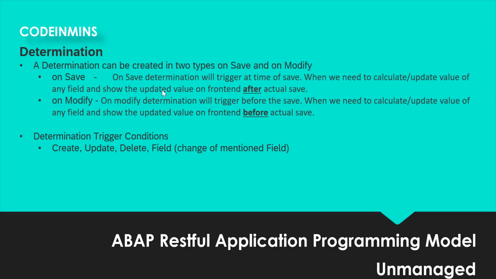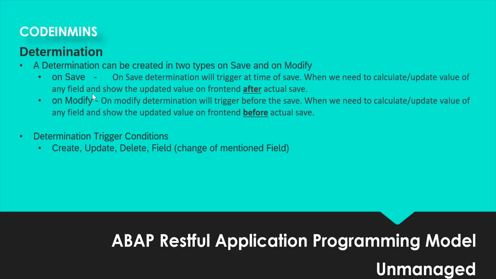If you want to show the modified value on the screen before the actual save happens, in that case you need to use on modify. But along with this on modify, you also need to use some other functionalities provided by the RAP framework to make it 100% true, whatever is written here.